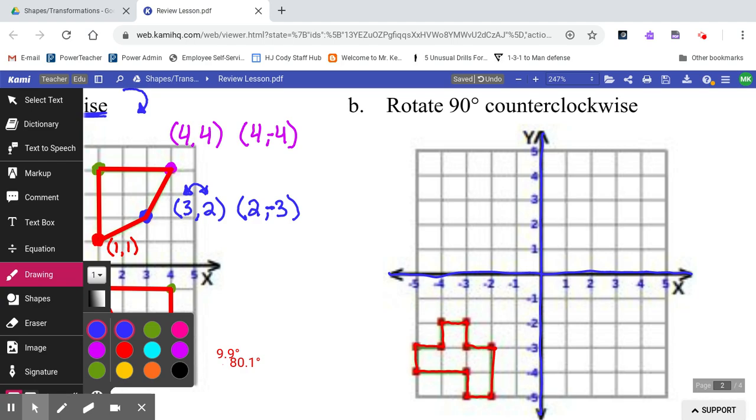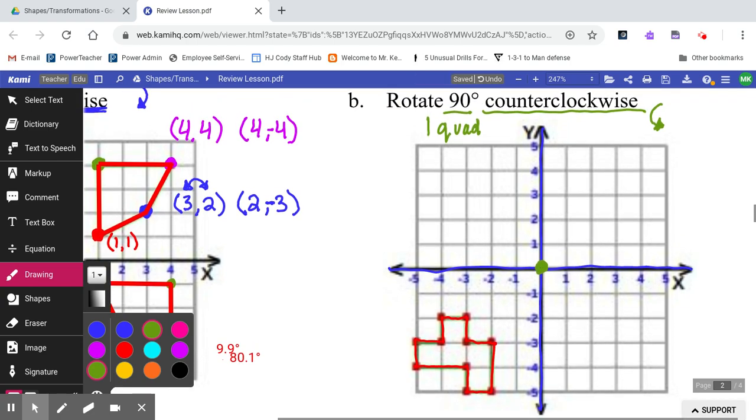I then put my pencil right on the middle and I spin my paper 90 degrees counterclockwise. So 90 degrees means one quadrant. Counterclockwise means like this. So I'm going to spin my paper with my pencil right on the middle of my paper so that this image goes counterclockwise one to the right.